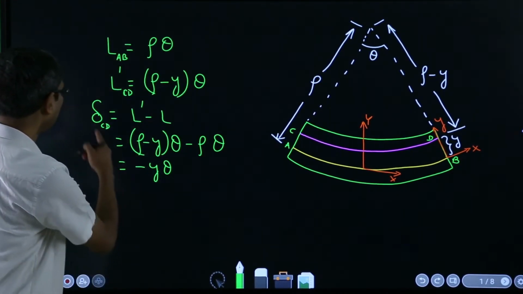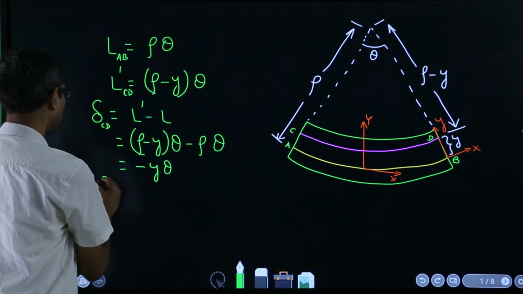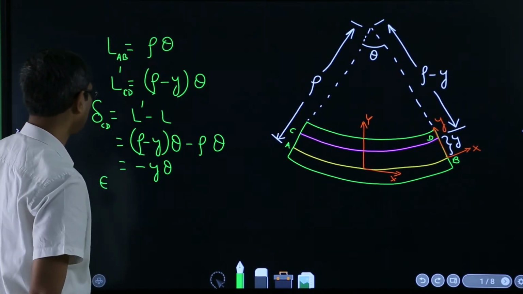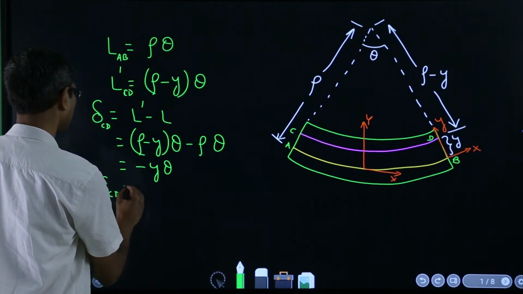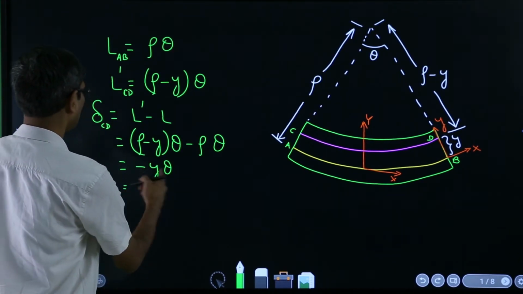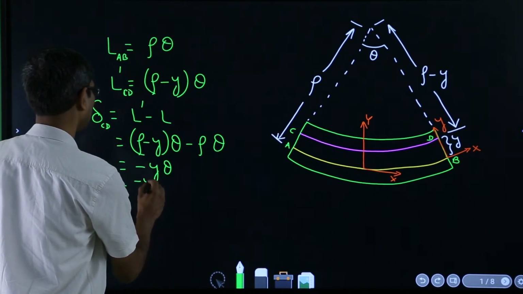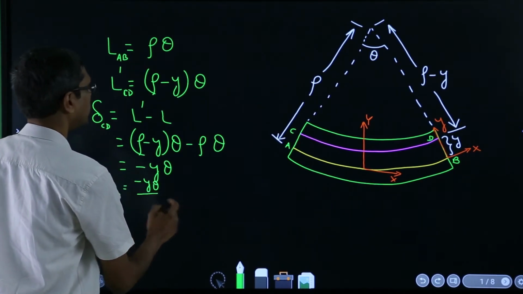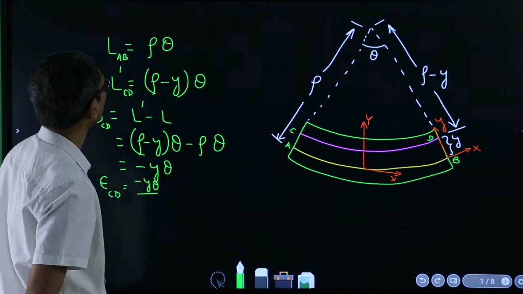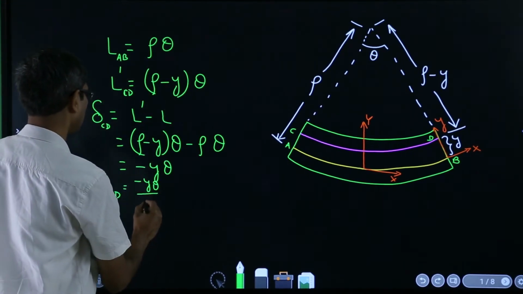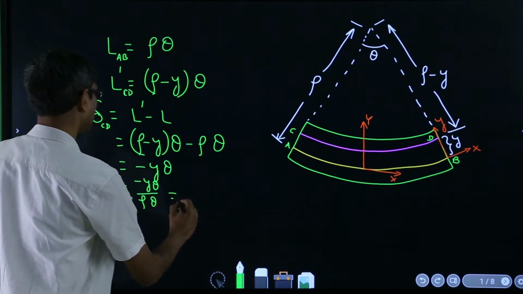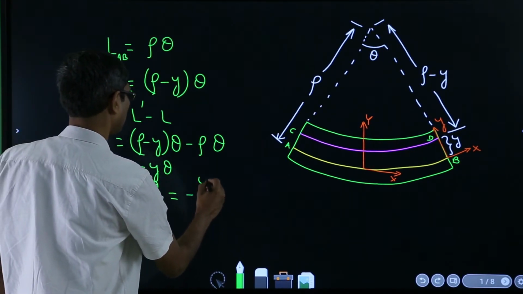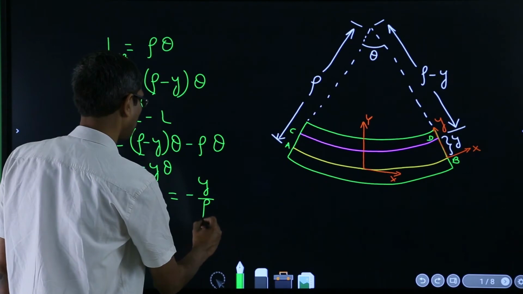Now that means the strain produced in the fiber CD is equal to this length minus y theta over its original length, which was rho theta, right? So it's nothing but negative of y over rho.